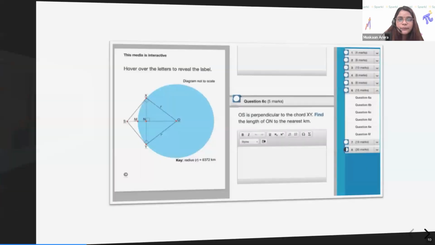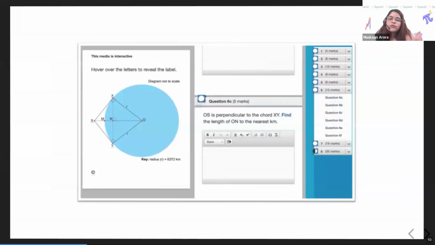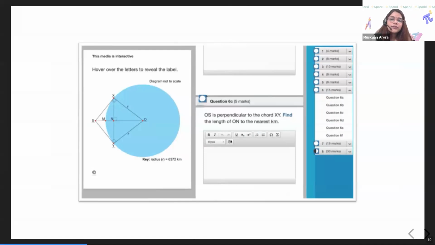So we have video type questions, and we have questions where one element of the question is stuck on one corner of the screen, and you can scroll the other parts back and forth to answer, right? And this media over here is interactive, so you can move the point S across the circle if you wish to understand the different lengths that can be measured, right?